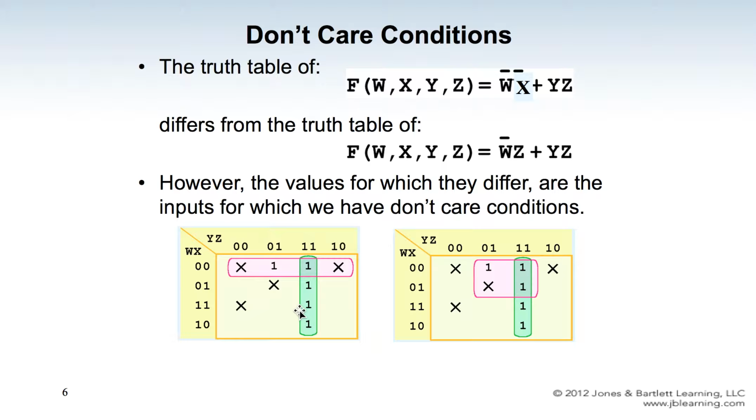Okay, so the key idea is that you just depend on the application, depend on the resources you have, so you can consider the don't care condition differently, and end up with different circuits that are gonna be more beneficial for your scenario.